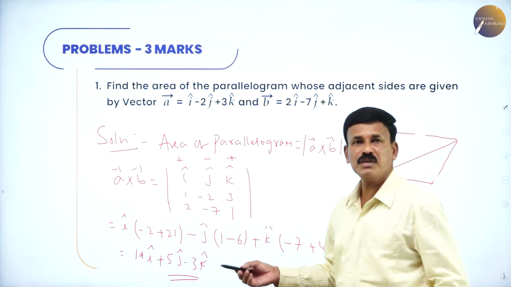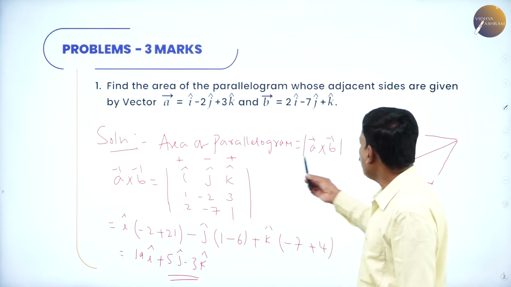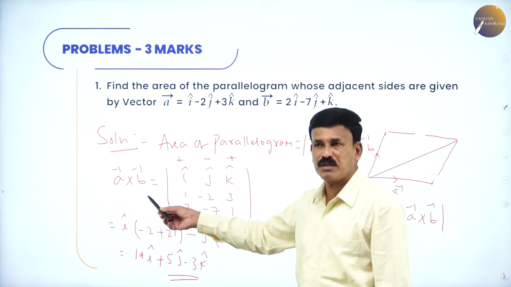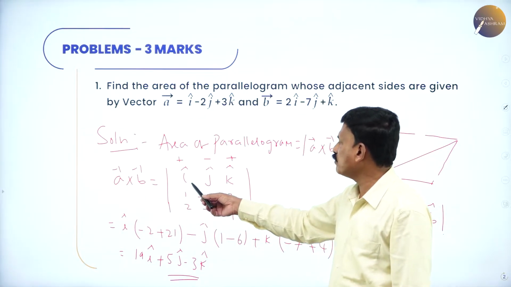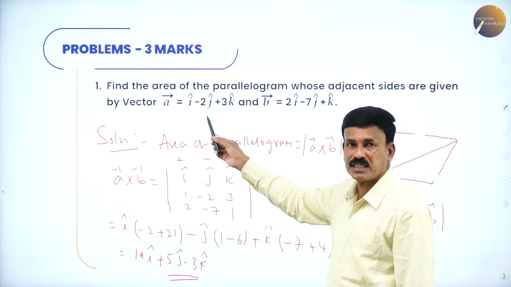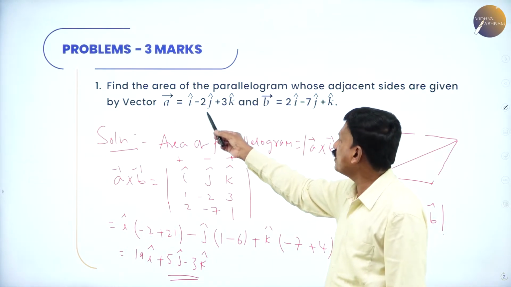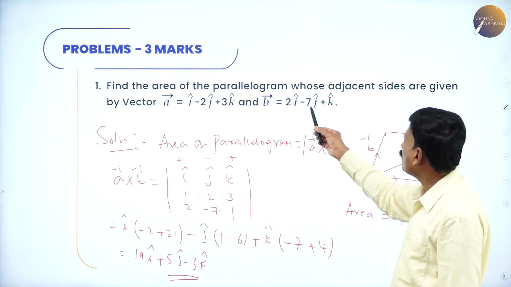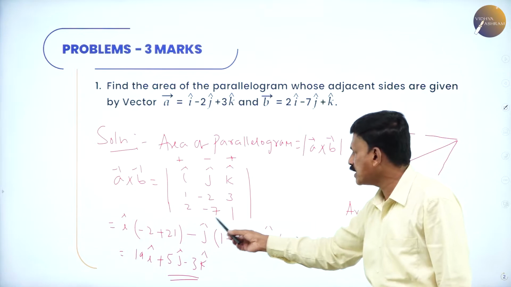Followed? Now listen to me, I will explain once again. The area of a parallelogram is length of A cross B. Find out A cross B first. A cross B is equal to determinant i, j, k and the coefficients of i, j, k in both the vectors A and B: 1, minus 2 and 3 in the first row, and the second row is 2, minus 7 and 1.